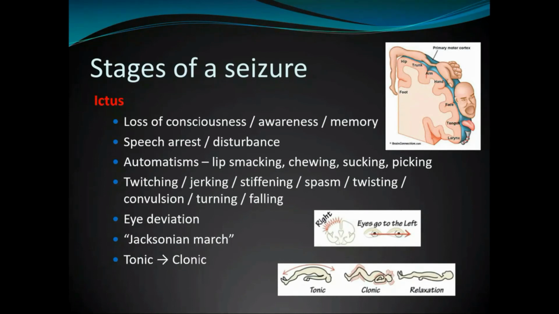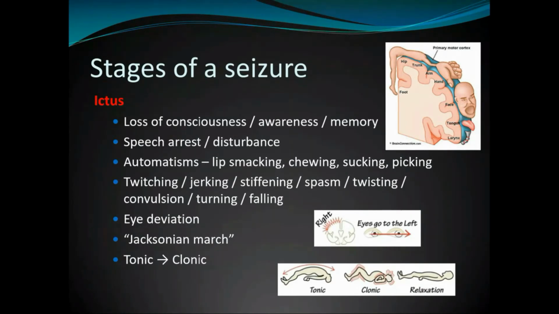There can be falling, twitching, jerking, stiffening, convulsions. Other things that can be helpful to pay attention to during this phase are whether the eyes or head are moving to one side, and if the stiffening has a pattern to it, if it starts in one spot and spreads or not.